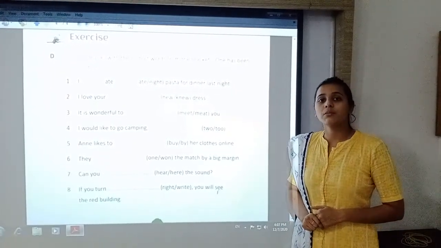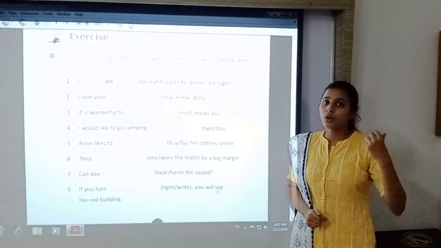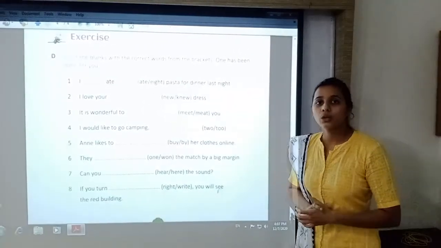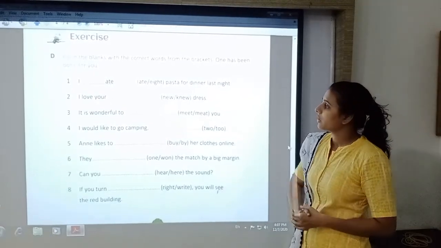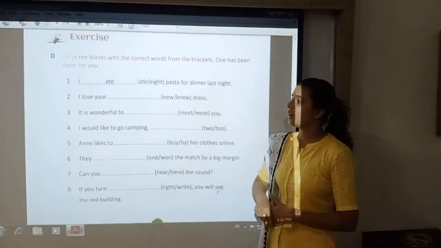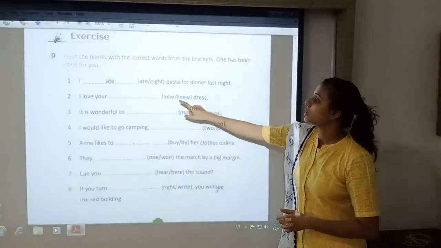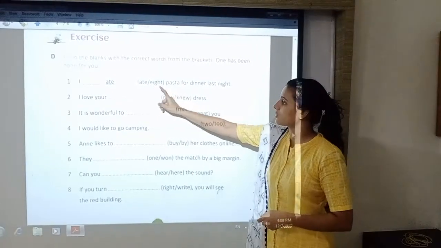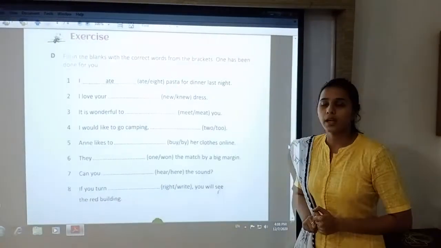That means something which we already know. So knew is the past form of know. Now the word suitable for this sentence, what I love, that is new dress, naya dress. So here I will choose this word in the blank.